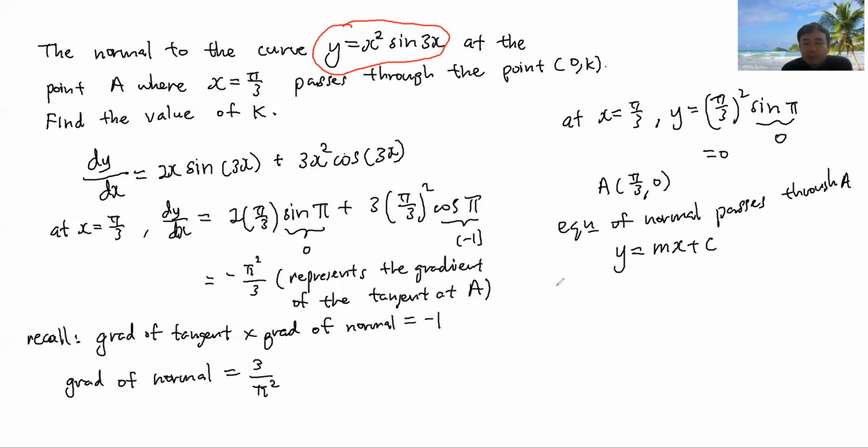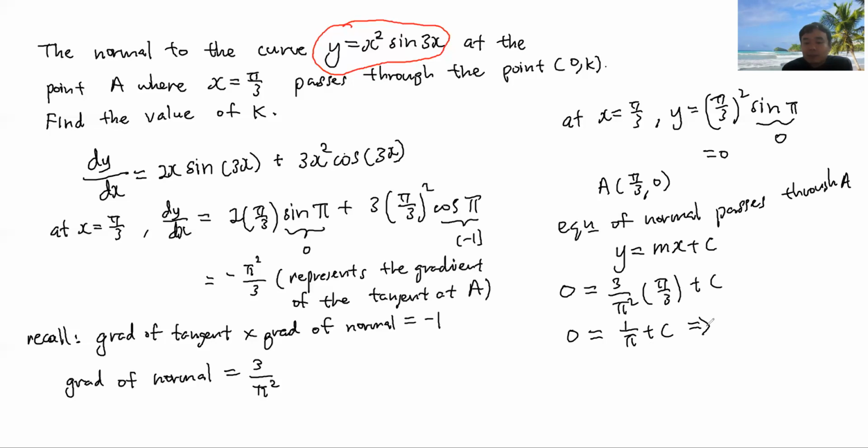When x is pi over 3, y is 0. Let's substitute the values. Our gradient is 3 over pi squared, our x is pi over 3, plus c. So 0 equals 1 over pi plus c.